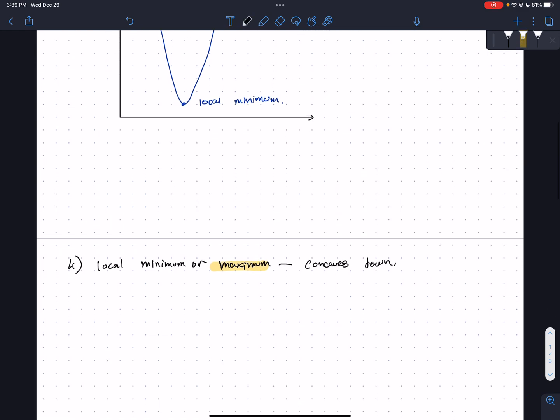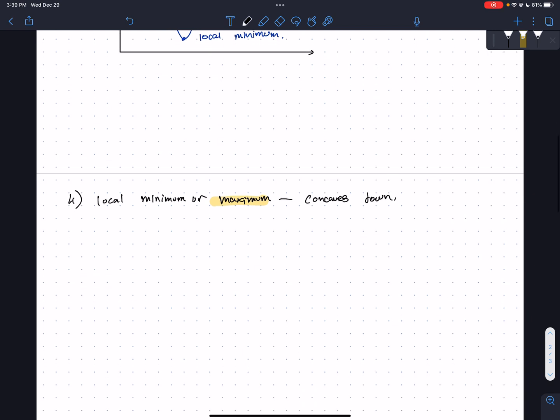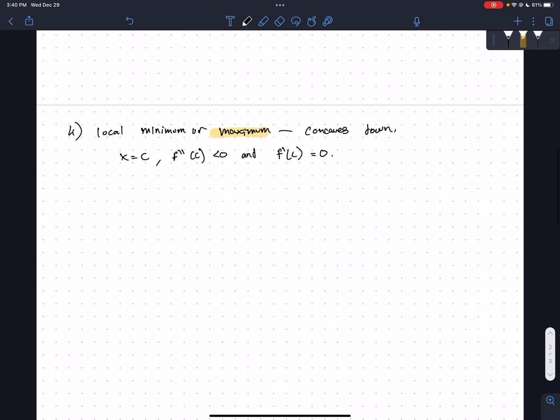For step number 4, we're going to look at the maximum. It's concaving down. So if x equals c, let's say the double derivative at c is less than 0, and the derivative of the original function at c is equal to 0, right? So what's going to happen here?